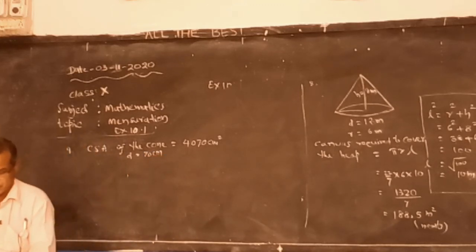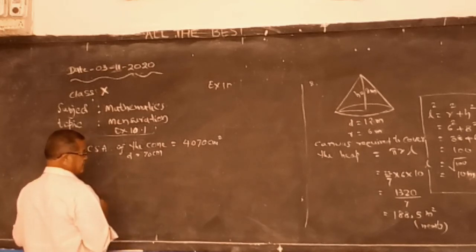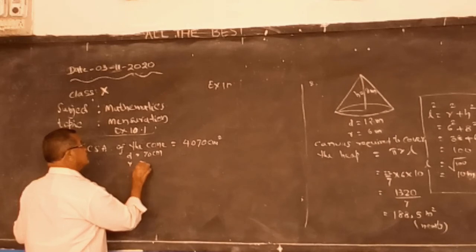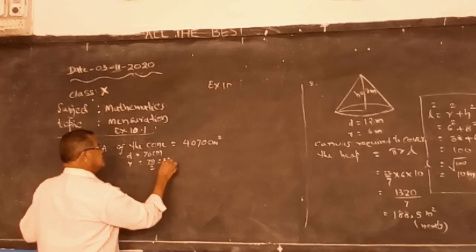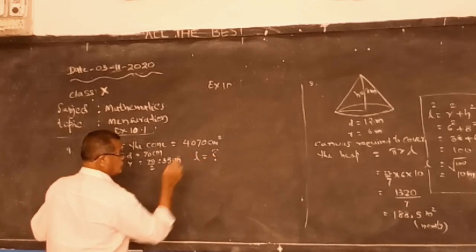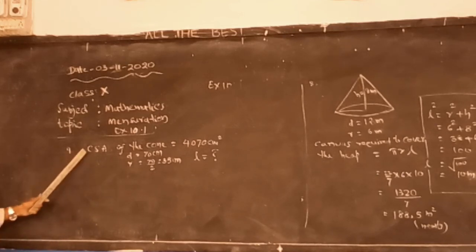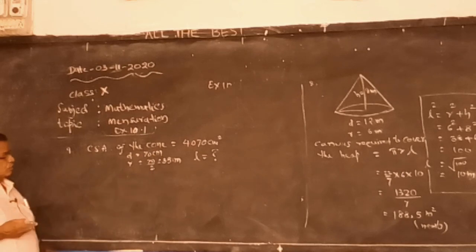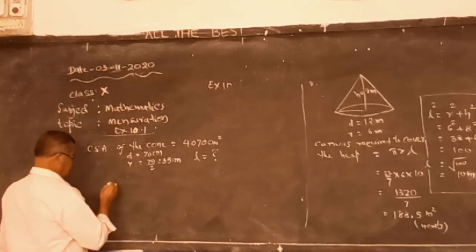Whenever diameter is given, we use r as half of it. So r is equal to 70 by 2, that is 35 centimeters. Slant height L is equal to how much?